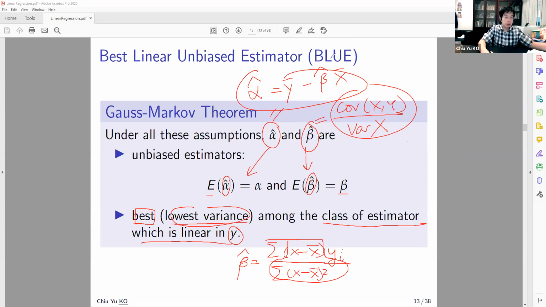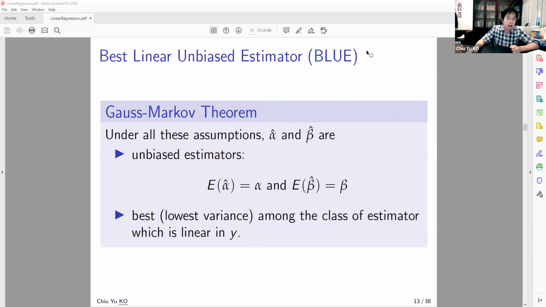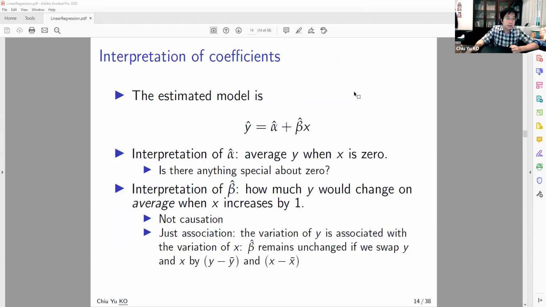Okay. Before we give you a break, let us give you some interpretation of the coefficients. So our estimated model is this one, because once we estimate, we have alpha and beta.